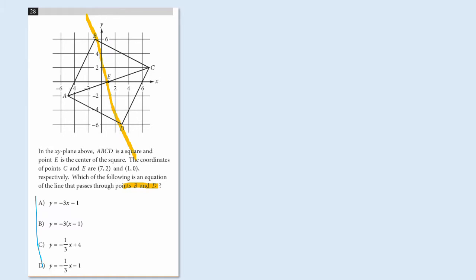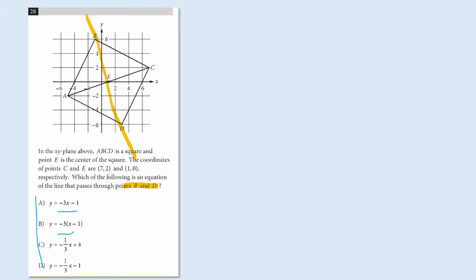So let's look at the slope of the line that we drew here, the orange line that goes from B to D. What are the slopes that are shown in the choices? There we have -3. Yeah, that seems like that's a reasonable slope. It's pretty steep and negative. And B is also -3.